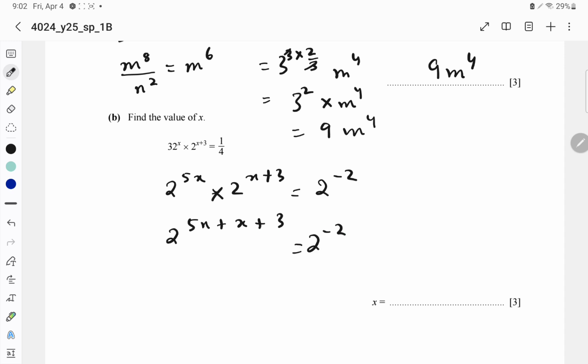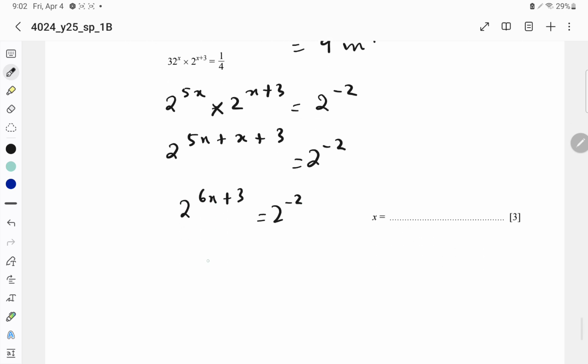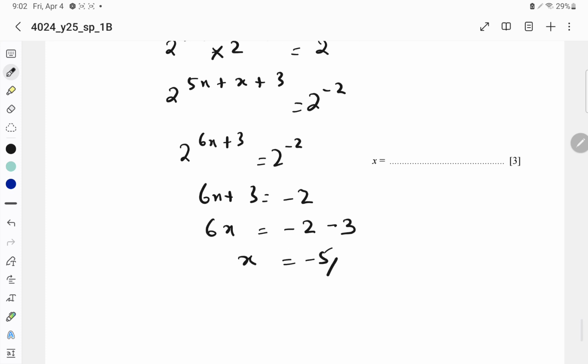Now the next thing is to simplify. 6x plus 3 equals 2 to the power minus 2. 6x is equal to, sorry, not 2 to the power minus 2, just write down minus 2 here, and then minus 2 minus 3 is minus 5. So x equals minus 5 over 6.